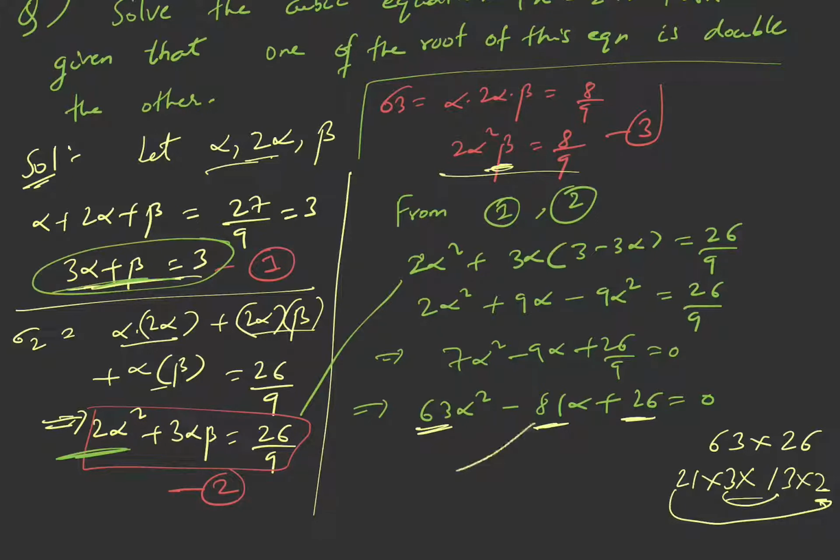So I am writing this as minus 42 and minus 39. So I think you got what I have done. I have just taken the product, that is 63 into 26. Now 63 plus 26 is not 81, so I just split it into 21 into 3 and 13 into 2. And 21 2s are 42, 13 3s are 39, and 42 plus 39 is 81. So I can write it as minus 42 into minus 39, and the product of 42 into 39 is also equal to the product of 63 into 26, right?